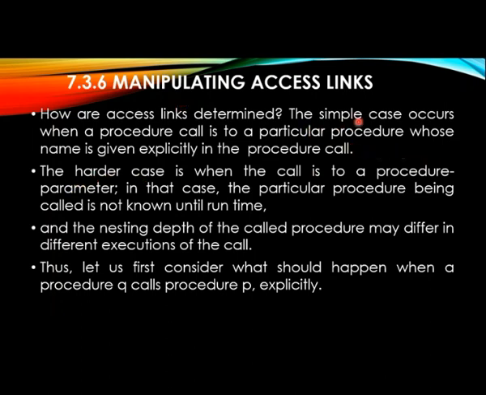In the simple case, whenever a procedure call is made to a particular procedure, that call knows which sub procedure or other procedure is being called, and its name is also explicitly known. This situation is the simple situation.